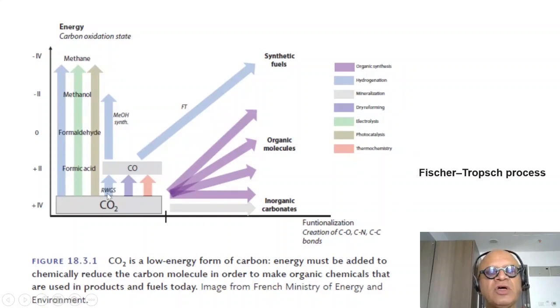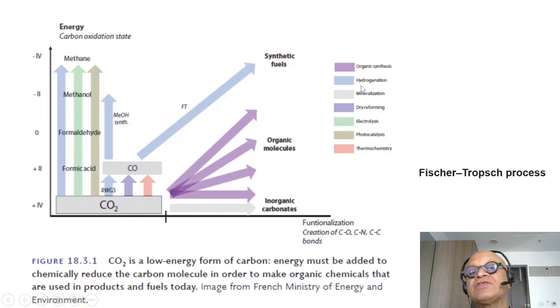So this is renewable waste gas production, methane, MeOH. I should have looked it up, but nonetheless, these are processes by which CO2 can be formed in reduced forms which have high energy density. This is the Fischer-Tropsch process. Synthetic fuels can be produced, organic molecules and inorganic carbonates.